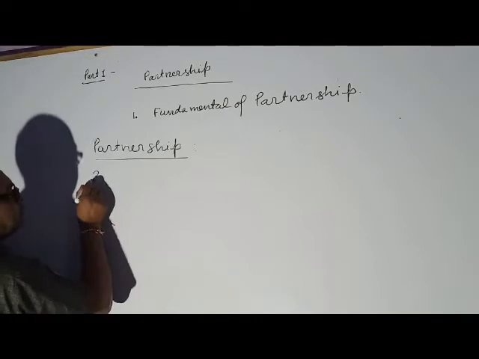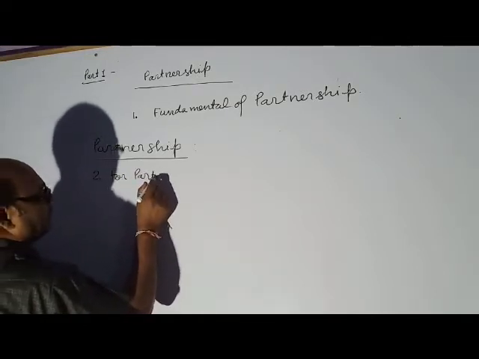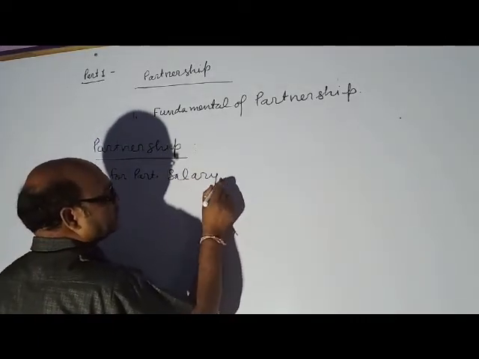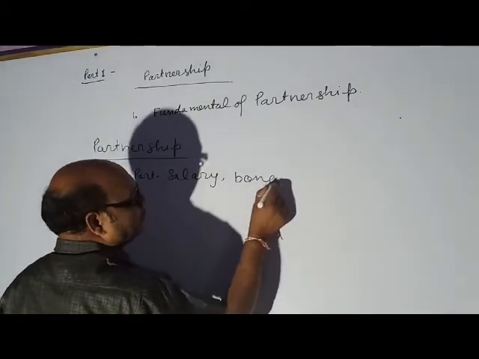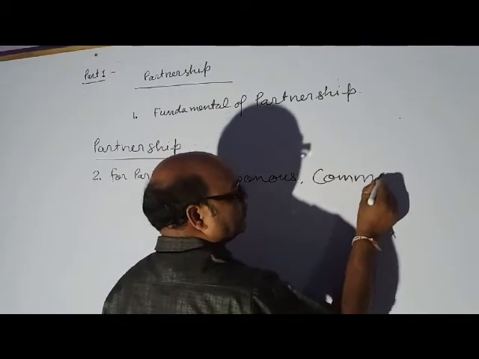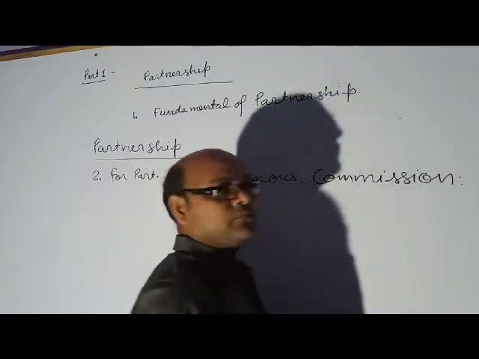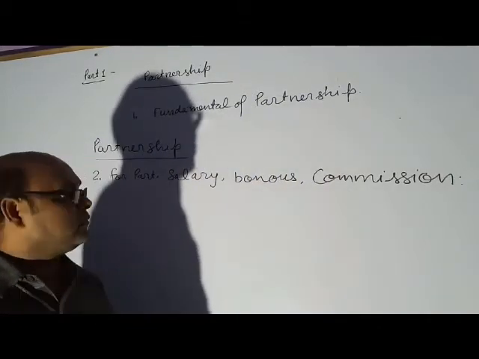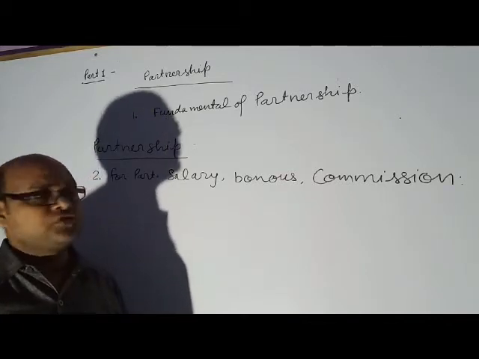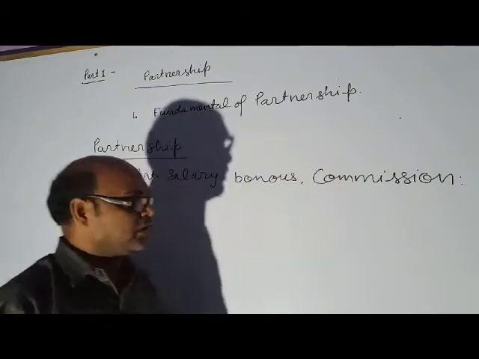Now, second point: partners' salary, bonus, commission. That also has two entries, first one due and second one closure.